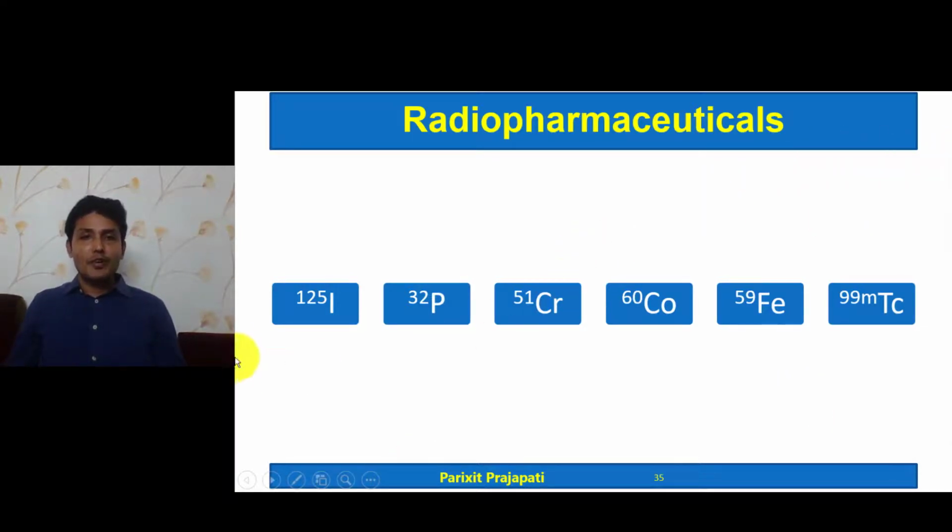There are many, but what we are going to discuss as per your syllabus is iodine 125, phosphorus 32, chromium 51, cobalt 60, iron 59, technetium 99m. All this we are going to discuss in brief.